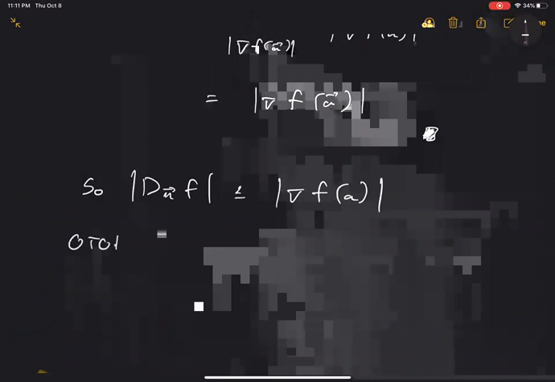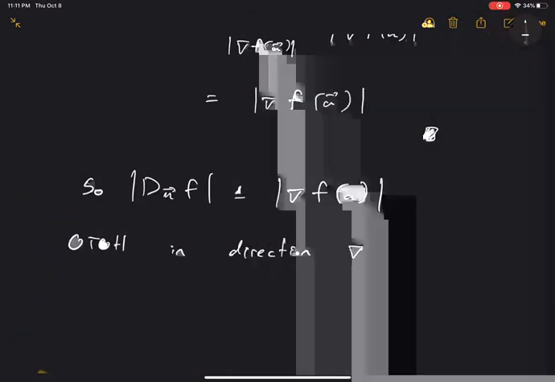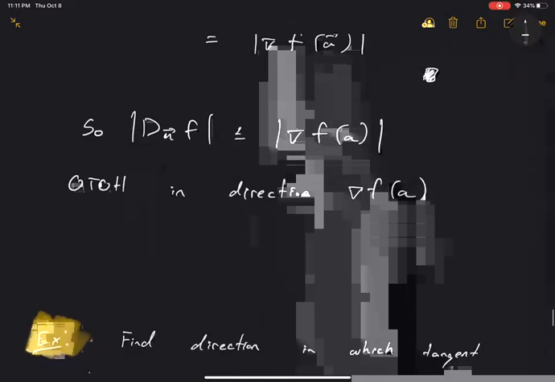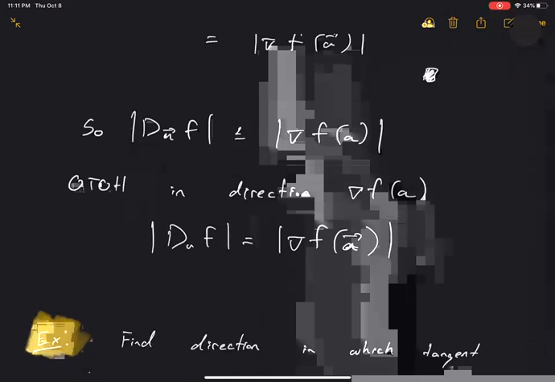On the other hand, in the same direction of del f at a, it is exactly equal to this thing. So in any other direction, the increase has to be less than or equal to this thing. That means this direction gives us the greatest increase.